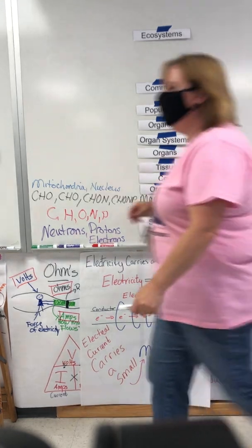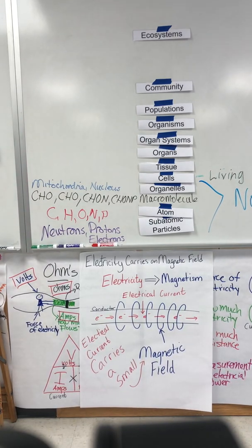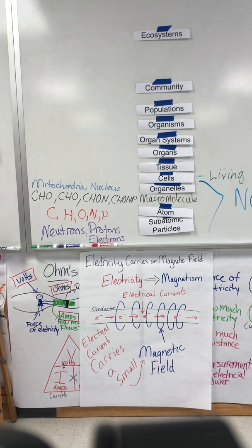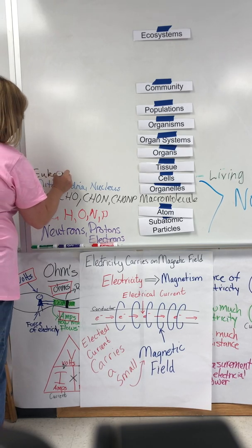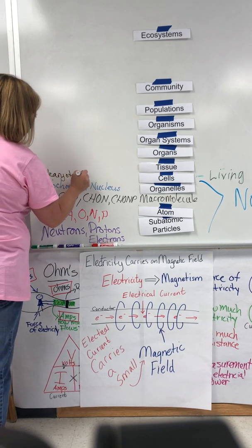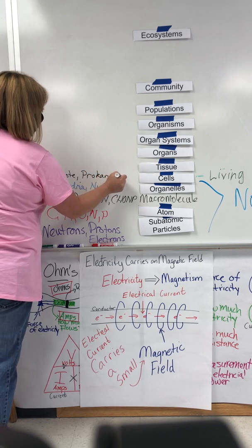We have 2 types of cells. You are a eukaryote, and bacteria are prokaryotes.